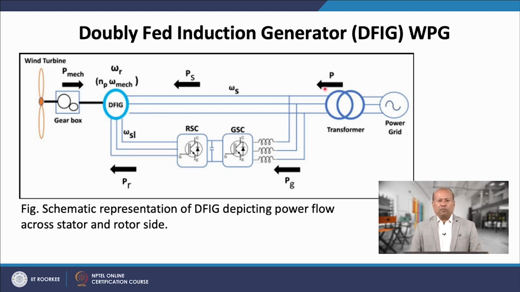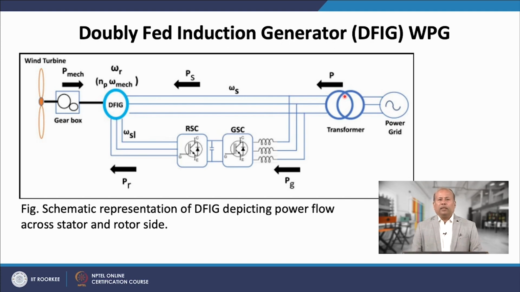During the sub-synchronous mode of operation, the rotor speed is less than synchronous speed and thus the slip is positive. Similarly, during the super-synchronous operation, the excess power from the rotor, in terms of negative slip, flows out from the rotor via the RSC and GSC combination, thereby helping to follow the grid norms as per the nominal values.